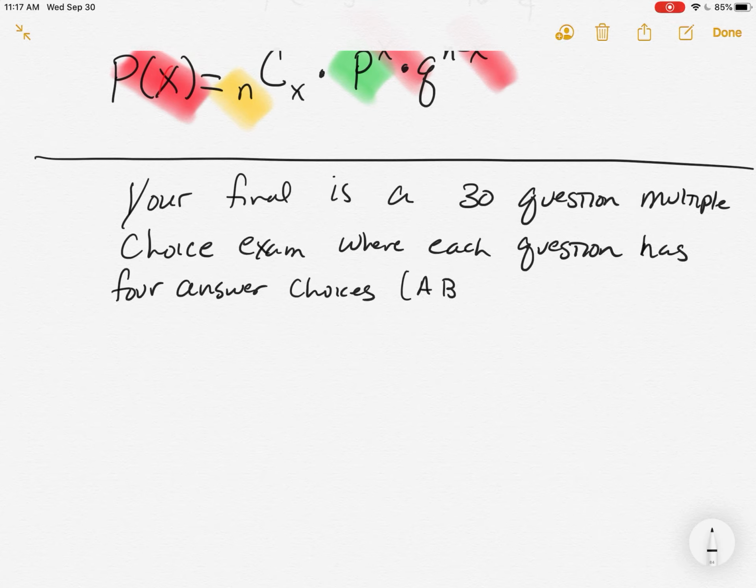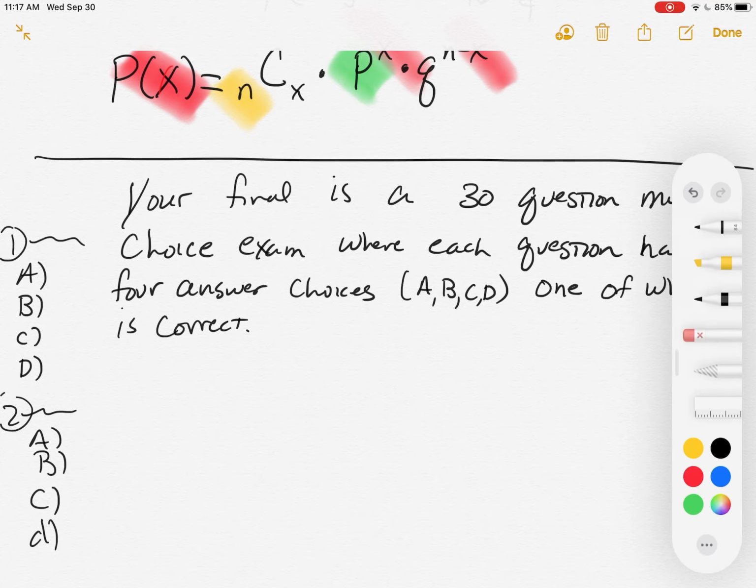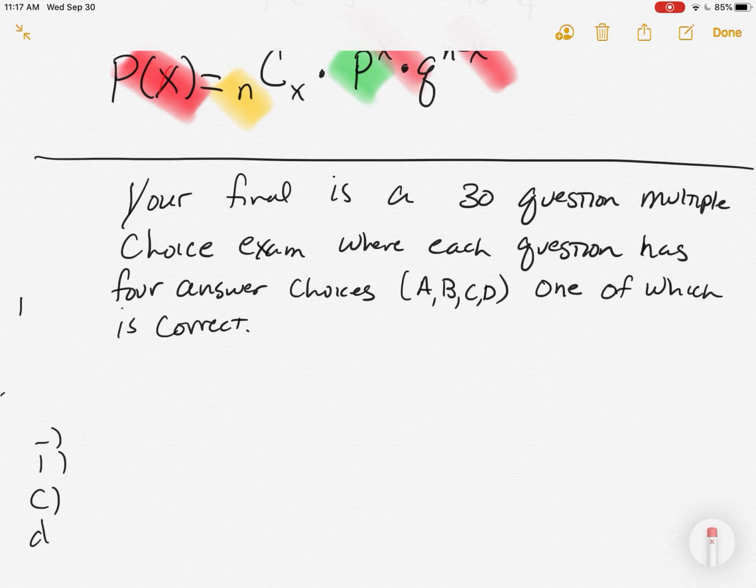And those answer choices, I think, are A, B, C, D, one of which is correct. Okay, so hopefully you understand that. So your final would look like this. 1, a question, and an A answer, a B answer, a C answer, a D answer. 2, a question, an A answer, a B answer, a C answer, and a D answer, right? And they all 30 look exactly like that. So that's what our exam looks like.